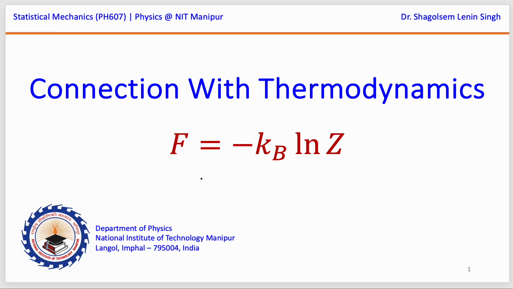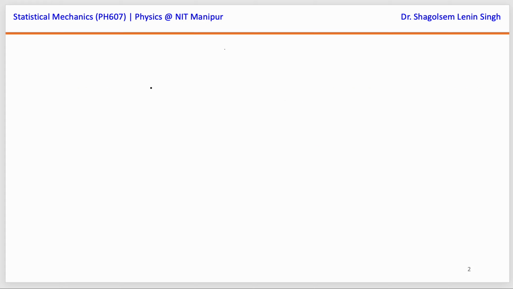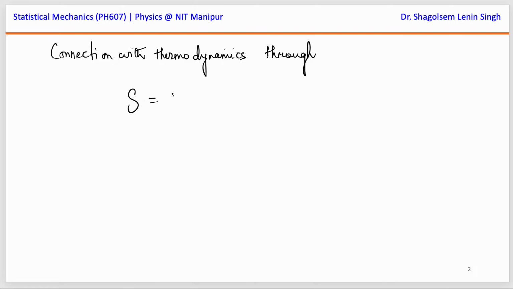So, as I was saying, we are going to discuss connection with thermodynamics, and this is the relation that we're going to derive. Okay, so in the earlier lecture, we discussed connection with thermodynamics through the relation S equal to k log omega.